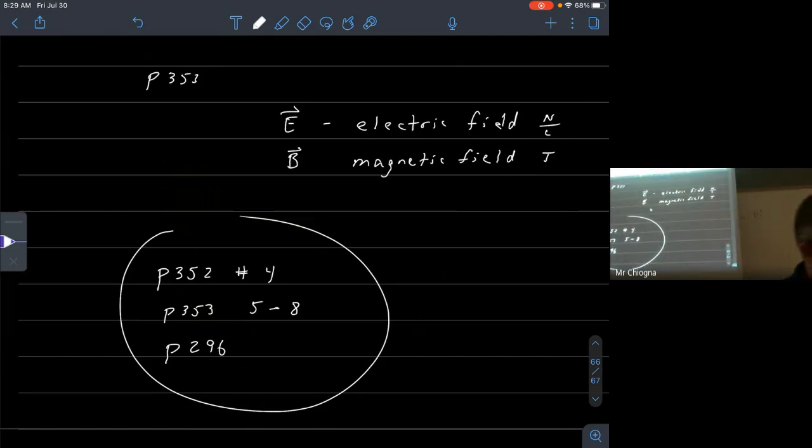Okay, so that's a page. 352. Really should have sweat marks. What's that?